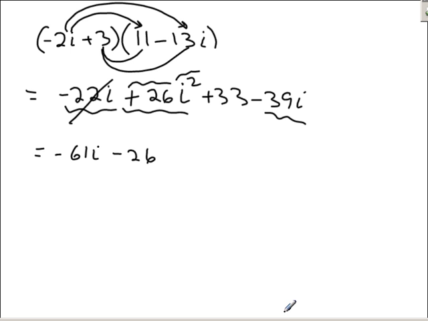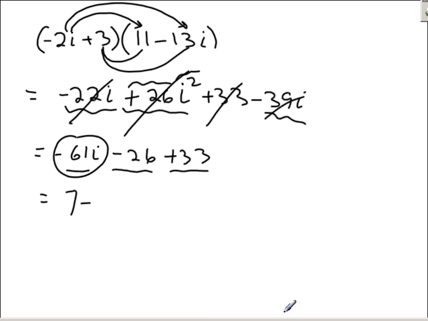So we added those two. That gave us negative 61i. This piece we just dealt with, it's negative 26, and this term is plus 33. Negative 26 plus 33, or 33 minus 26, is 7. I wrote that down first because it was real. Minus 61i. Okay, now multiplying complex numbers is one thing, dividing complex numbers is a whole other case.